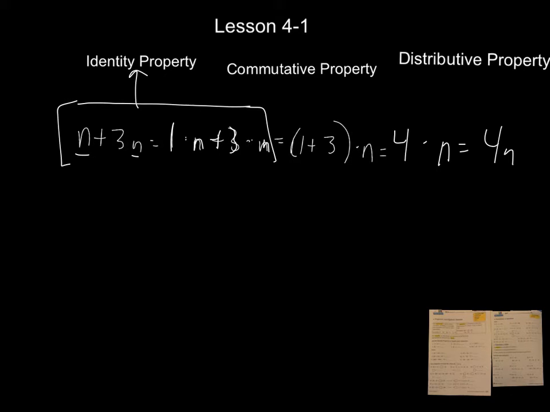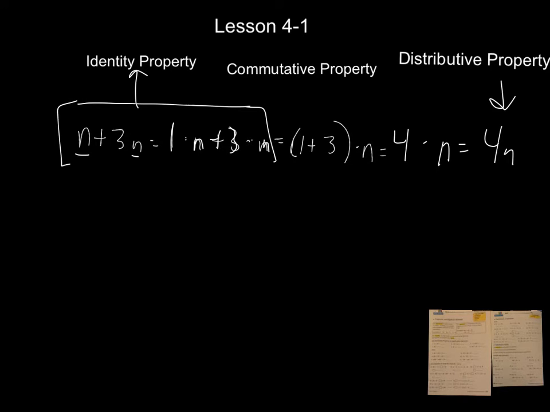So basically it's 3 times 1 times n, but you don't need to put the 1 times n there when you have the 3, because 3 times 1 is 3. So the identity property will tell you that n plus 3n is really the same as 1n plus 3n. So you all know that 1n plus 3n would eventually equal 4n.